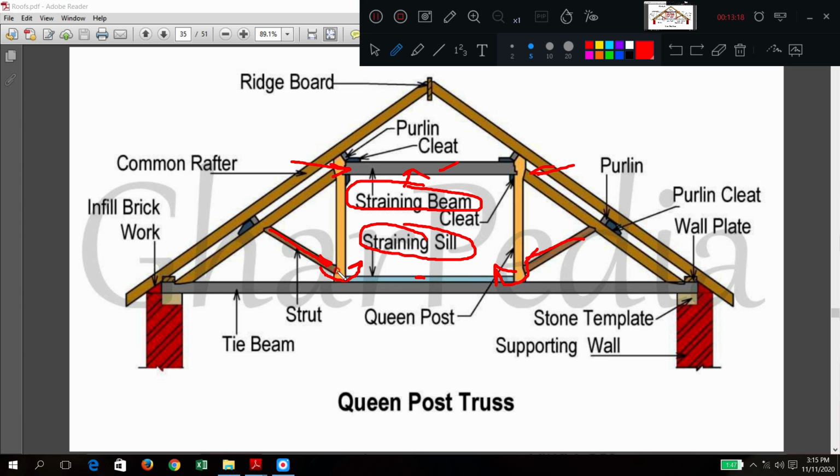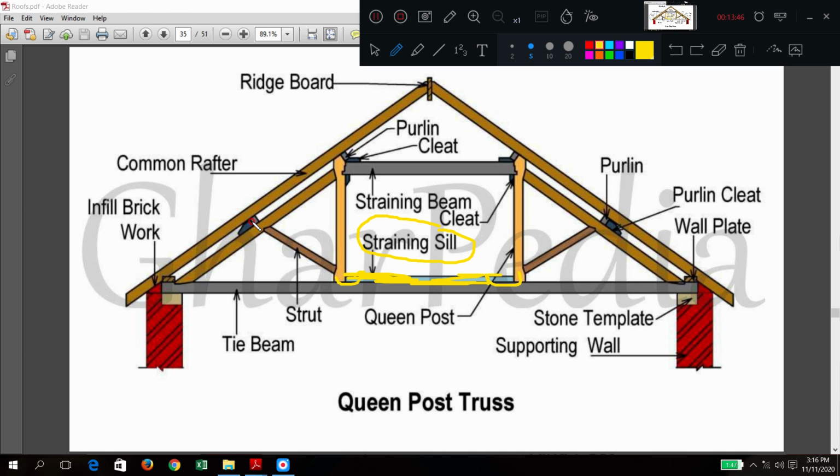This queen post would have been displaced from its location. So the strut will push like this, the queen post will slip this way and this will also slip inside. So to prevent this slipping of the queen post, you are providing this sill. Sill will hold the queen post together.